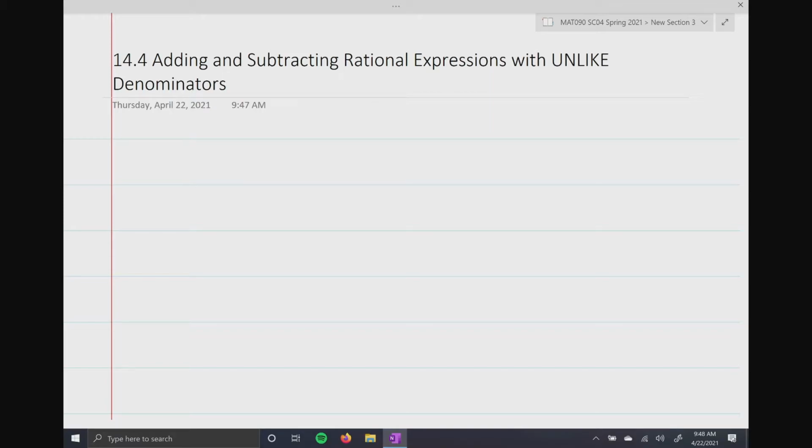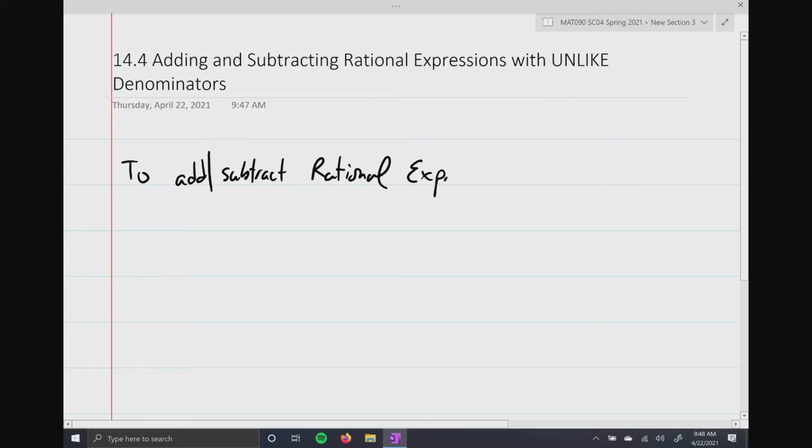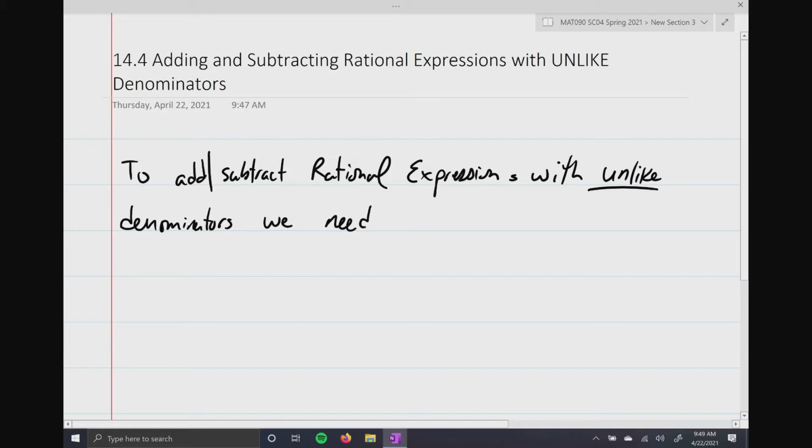So, to add or subtract rational expressions with unlike denominators, and that's the key, we need to find the LCD.